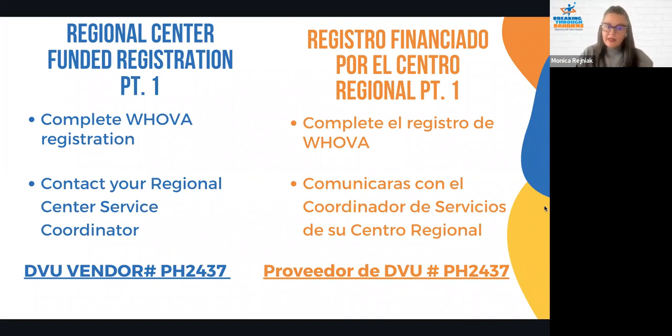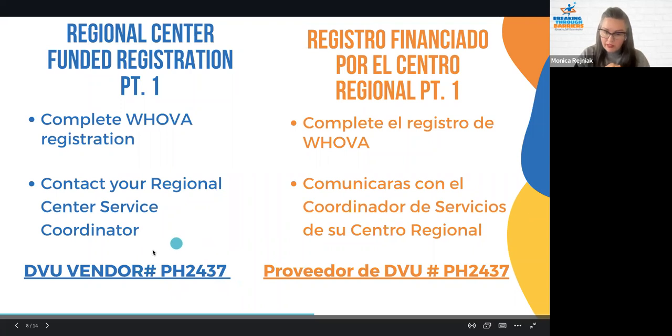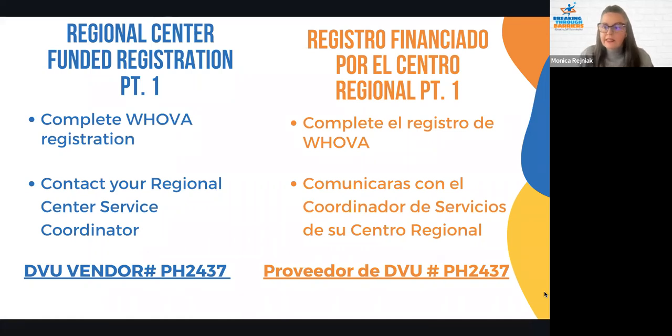So your next step is to contact your regional center. You let them know, I am interested in going to the self-determination conference. And here's our vendor number. DVU's vendor number is PH2437. Every regional center will need that number. So your next step is to contact your service coordinator. Next slide, please.